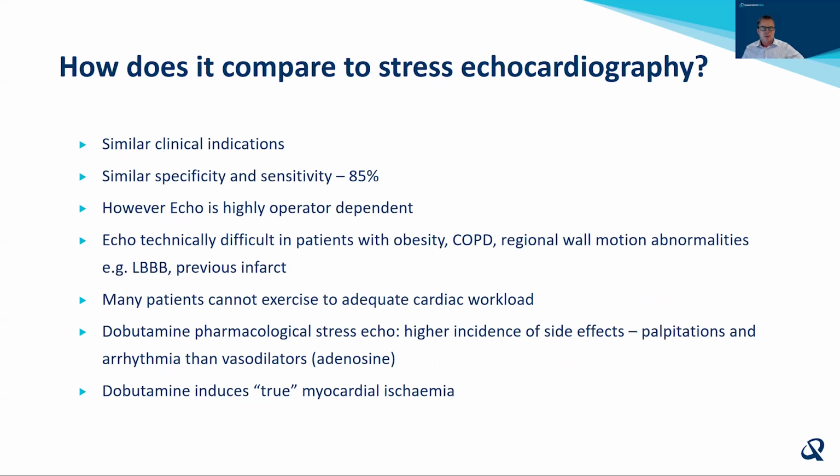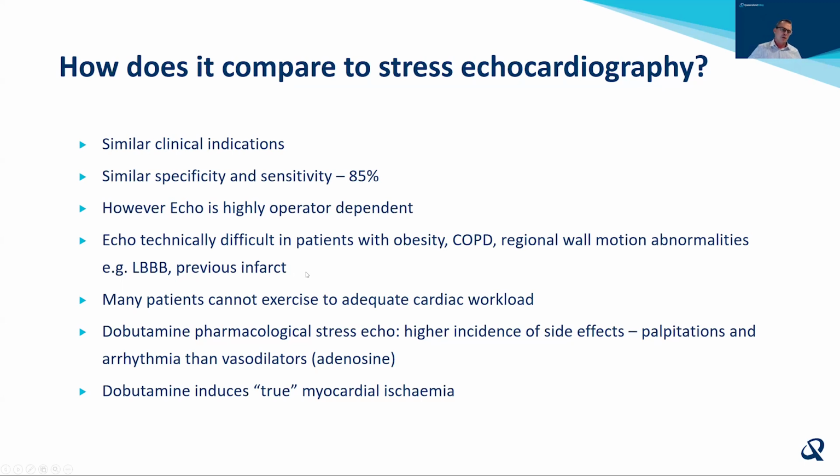Now, how does it compare to stress echocardiography? So it's similar clinical indications, similar specificity and sensitivity. However, echo is highly operator dependent, whereas nuclear medicine MPS is not. Echo can be technically difficult in patients who are obese with COPD and regional wall motion abnormalities, for example, left bundle branch block or previous infarct.